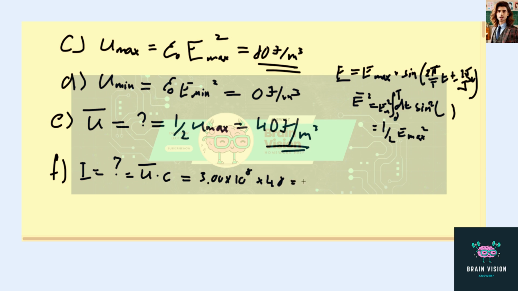This is going to be equal to 120 times 10 to the 8 joules per meter squared times seconds. So this is 1.2 times 10 to the 10 watts per meter squared. So that's the intensity.